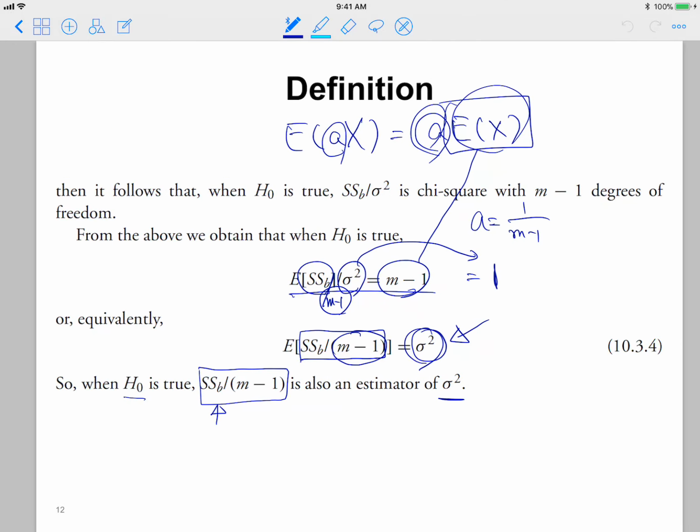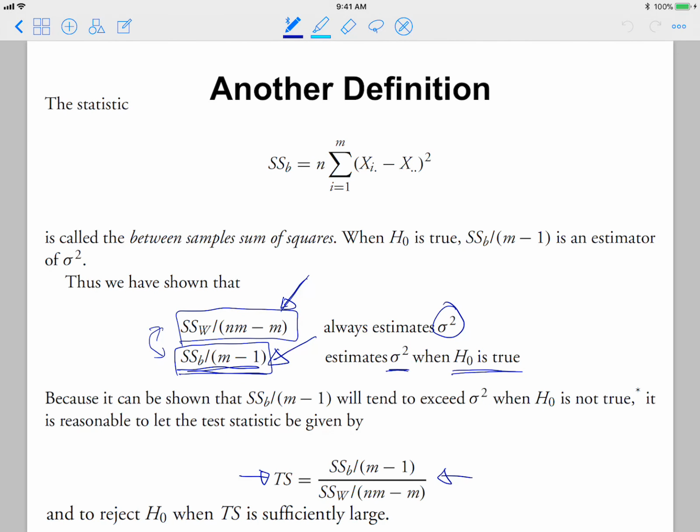So this SS of B divided by m minus 1, although it can be an estimator for sigma squared when all the mean values are equal, if not, then it will typically be larger than the other one, which means this one will be an overestimate. It overestimates the true parameter sigma squared.